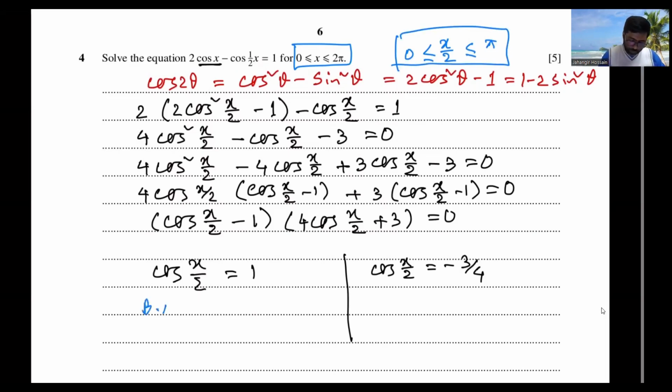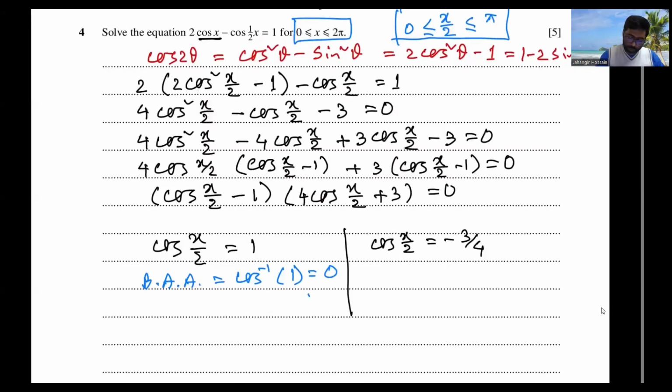So you find the basic acute angle for this one. Cos inverse 1 is 0 radian, and between these two, cos positive is in the first quadrant always. So x by 2 will be equal to the basic acute angle, which is 0. So x is 0 from this one.